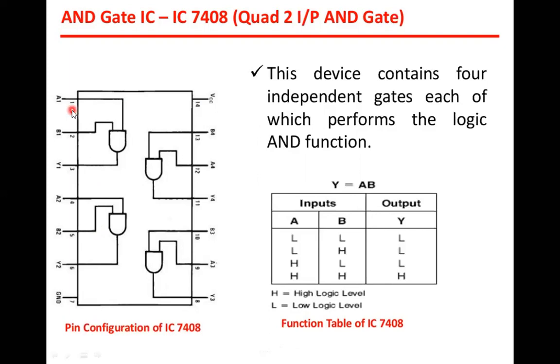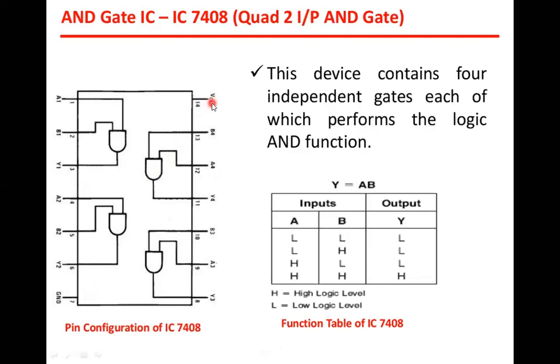So this is A, B, Y output, A, B, Y output. This is ground for all the gates, common ground. Then again A, B and Y output, A, B and Y output, and this is positive polarity. So the seventh pin is ground, and diagonally opposite to that, the 14th pin is plus.